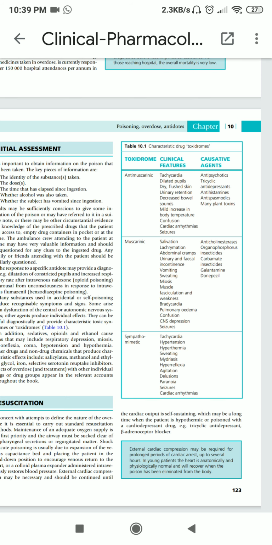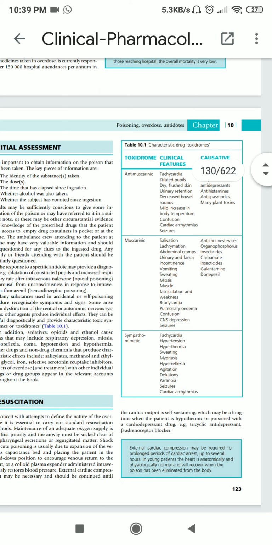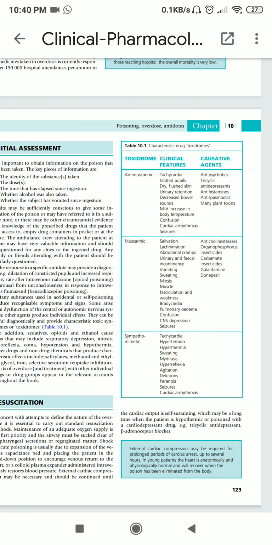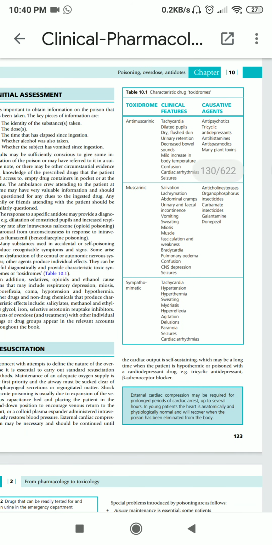Then confusion, CNS depression, means central nervous system depression, seizure, etc., are symptoms of pesticide and insecticide related poisoning. One of the famous ones are the organophosphorus insecticides, carbamate insecticides, and also they can be symptoms of anticholinesterase drugs, galantamine and donepezil. So these can be the symptoms.